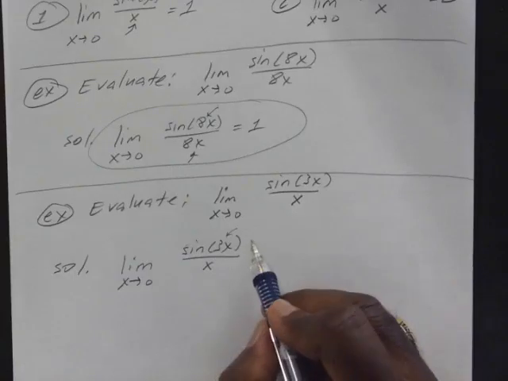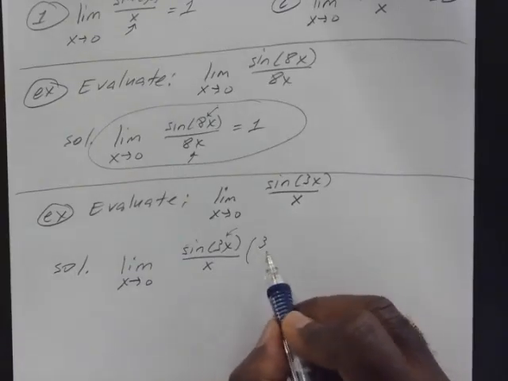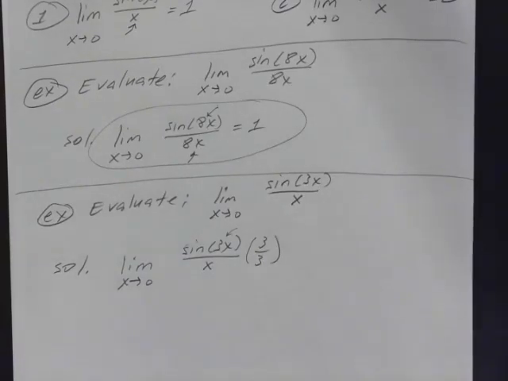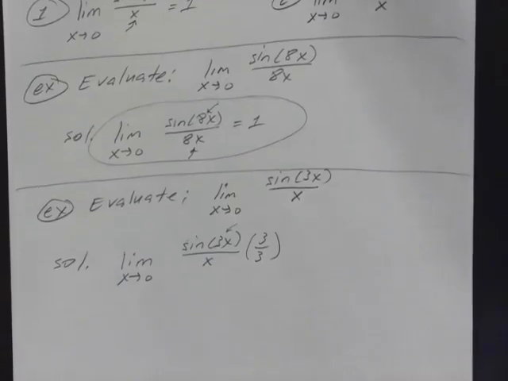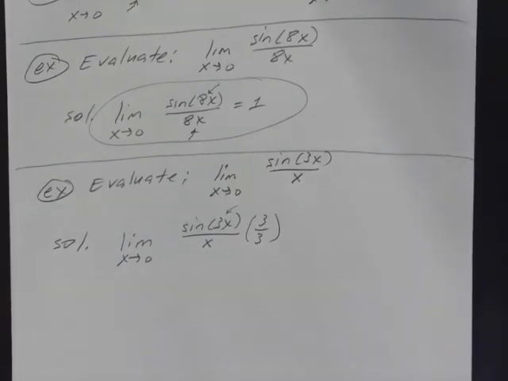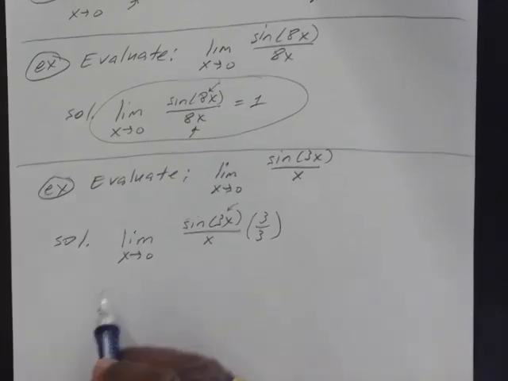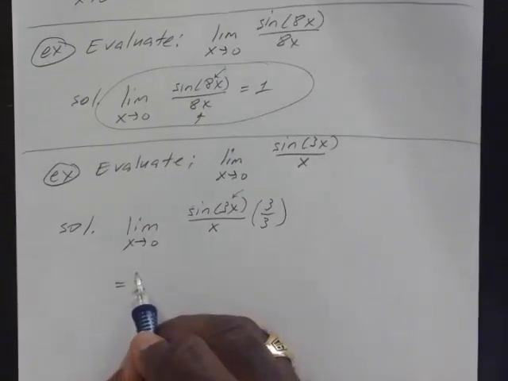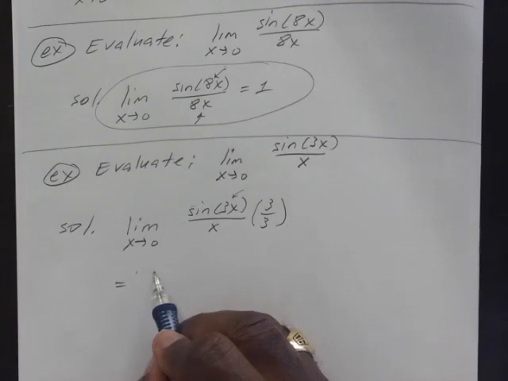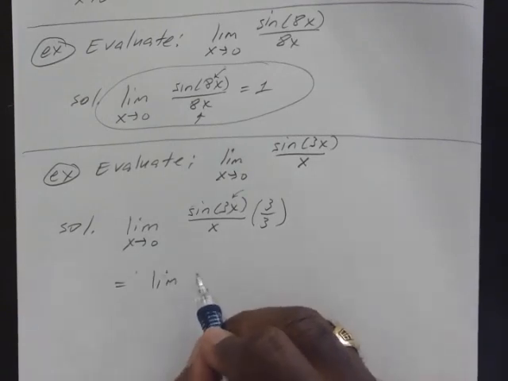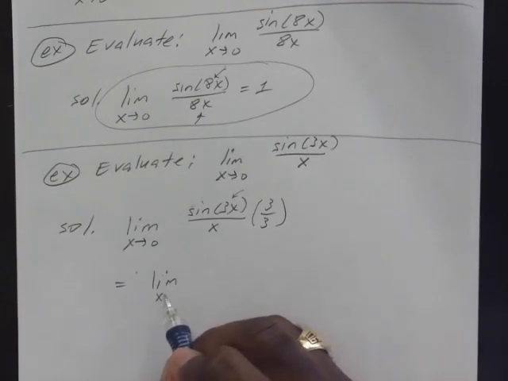So all we have to do is multiply this by 3 over 3. That gives us the limit as x approaches 0.